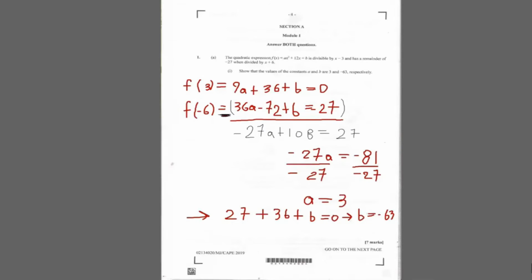Nice. Hence determine the factors. Imagine they give us a quadratic. Oh my golly, they give us a quadratic, big CAPE students. So now we can just rewrite f of x.